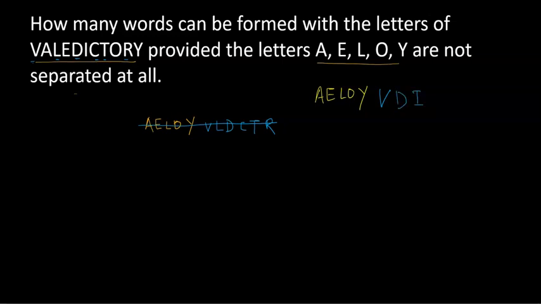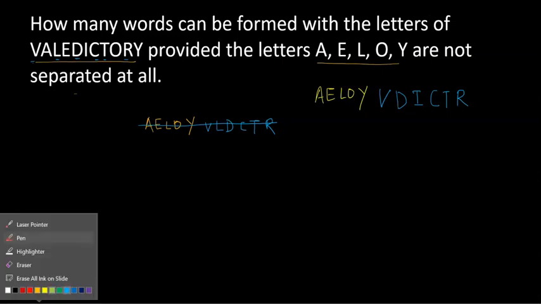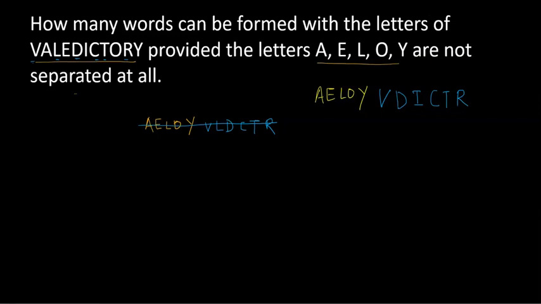I is not a part of this. C is not a part of this. T is not a part of this. And R is not a part of this. So these yellow letters are going to stay together all the time, while the other ones can shift here and there.